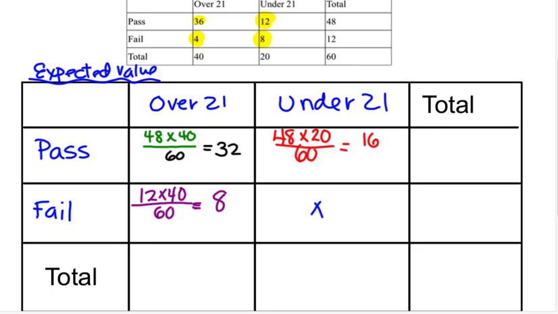We want to figure out how many people under 21 failed the test. What should we have gotten from our sample if it was normally distributed? So we take our 12 times our 20, row total, column total, and we divide it by 60. So 12 times 20 divided by 60. And we get 4 people. We were a little higher than that.